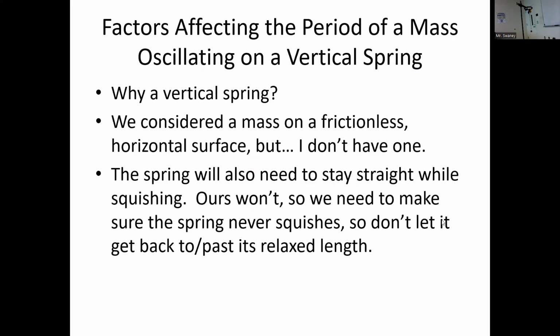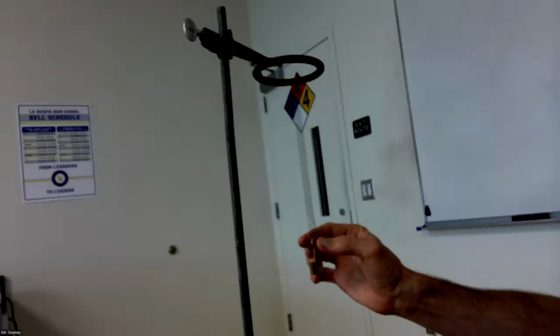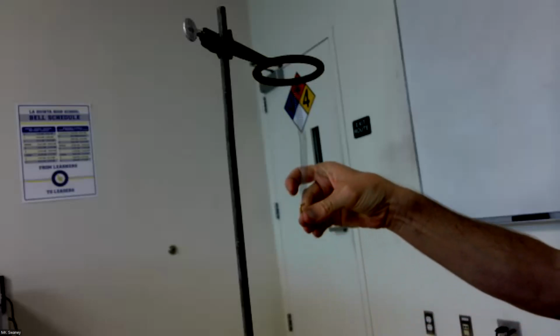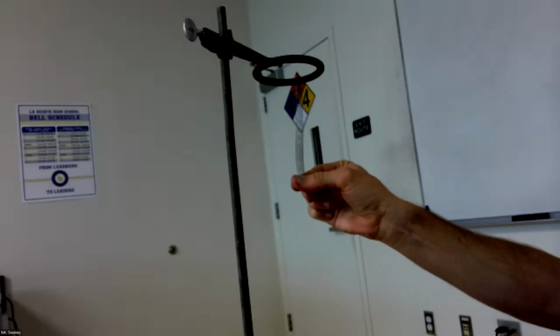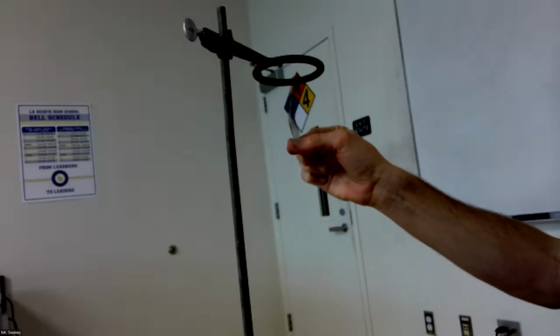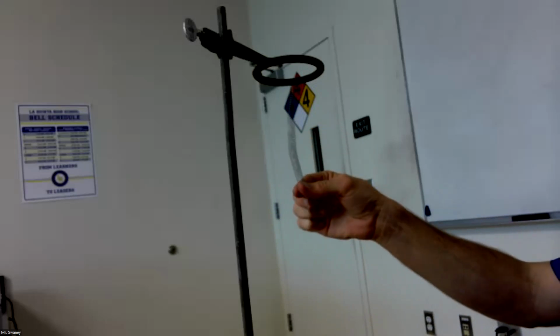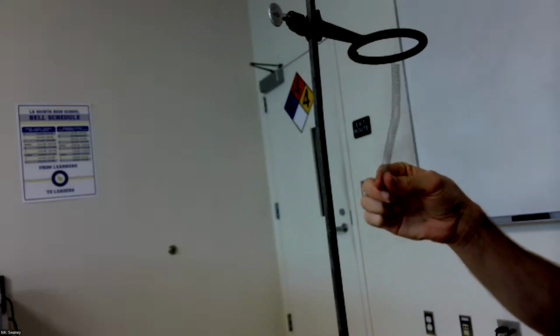So if you're going to take a look at our spring, we're going to need to make sure that the spring never gets up so high that it gets past this point. Because if the mass were to get up here and keep going, the spring doesn't really squish very nicely. It kind of bends and moves out of the way here. So maybe I should move this over here.